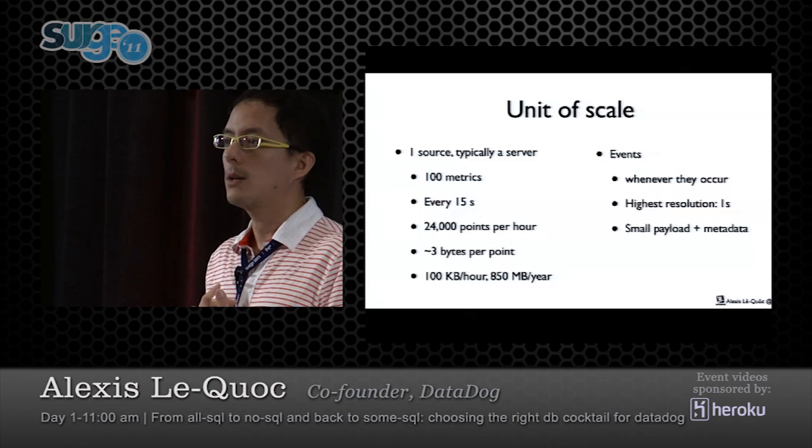So we'll track, say, 100 metrics, and we'll emit a data point every 15 seconds. That's 24,000 points per hour. At roughly 3 bytes per point, since you need a timestamp and then the value to represent your metric, that's 100K an hour, or a little bit under 1 gig per year.